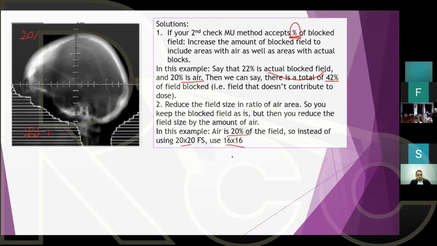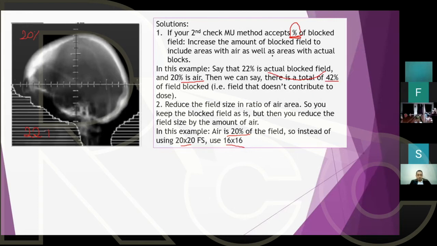Okay? So we're trying to be smart, because our verification MU, whether it's Excel or most of the vendor software that we have, assumes the patient is a flat cube of water. So we have to be smart in how we let them know that part of this treatment is air.